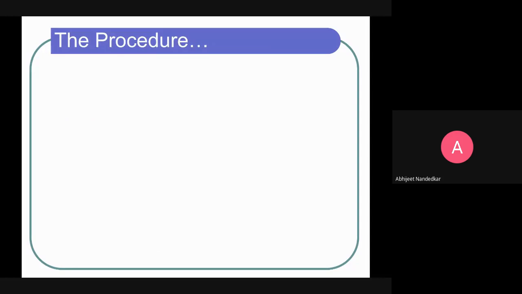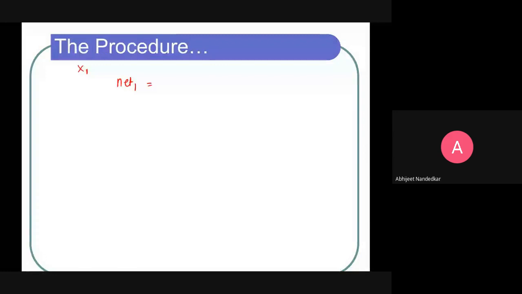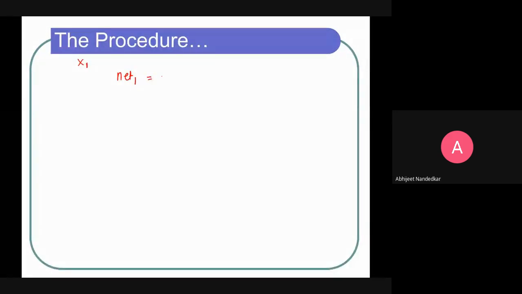Now what is the procedure? The procedure is, you will first of all find out net 1 for input x1. So here I am taking this first input. So net 1 is W transpose x1, or in this case W1 transpose.